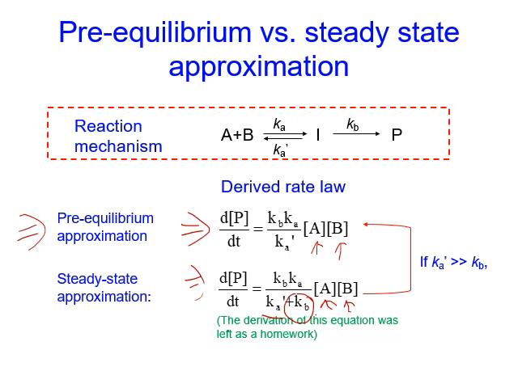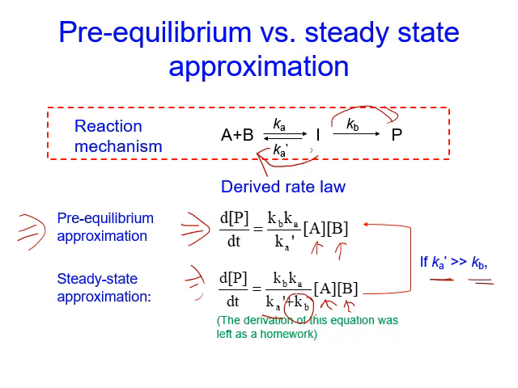So what does this mean if Ka prime is much greater than Kb? Ka prime is the reverse reaction for the first step. Kb is the second step. So when Ka prime is much greater than Kb, that will assure the reaction reaches equilibrium.